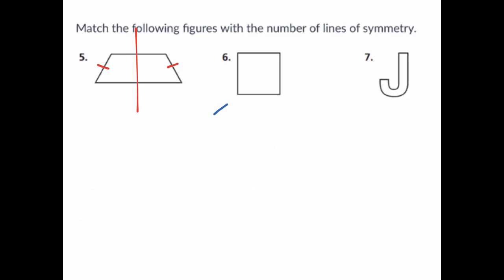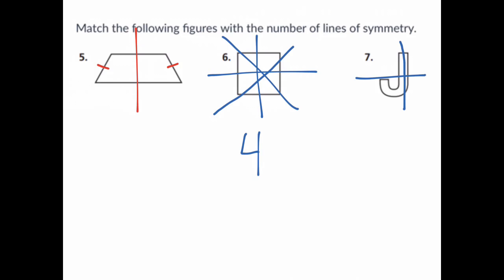So for a square, you can do the diagonals here and here, or you could go through the top, or you could go through the side. And I didn't draw those very well because I was going fast, but it ends up having 4 different lines because it has 4 sides. And then for the J, notice there's no way that we can split this that's going to make a mirror image of itself. So this one actually has 0.